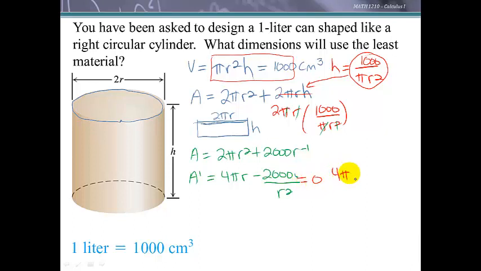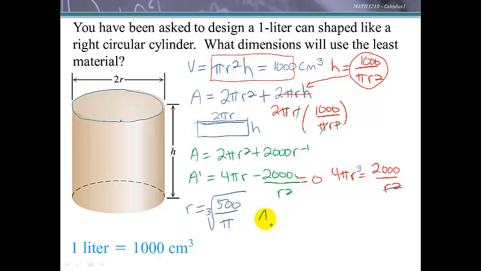So when 4 pi r equals 2,000 over r squared. Now let's multiply both sides by r squared. That'll make that an r cubed. And we could then solve for r. And that would give us 500 over pi, cube rooted.